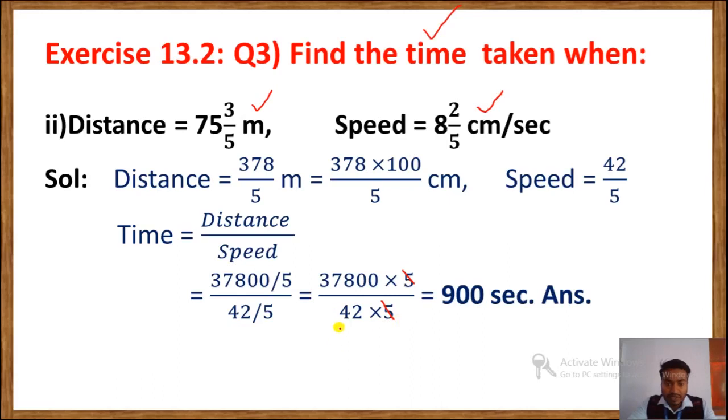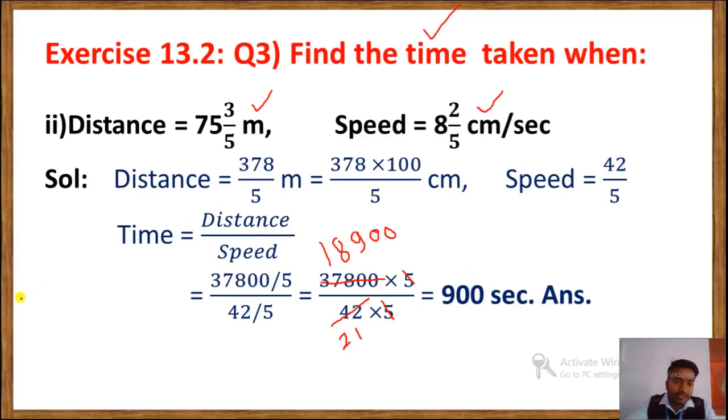Now let me reduce the terms. 2 2s are 4, 2 1s are 2, 2 1s are 2, 1 7 17, 2 8 are 16, 1 left, 1 8 18, 2 9 are 18, and give 2 0. Now when we divide we'll get 900 second as the answer.